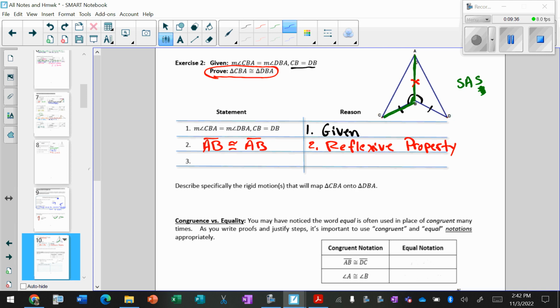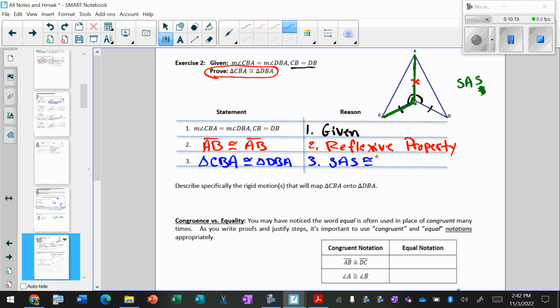Now that we have a reason why side AB to the triangle on the left is congruent to side AB to the triangle on the right, now we have fulfilled our side, angle, side obligation, and we can say that triangle CBA is congruent to triangle DBA. And the reason I know that those 2 triangles are congruent is because we have just proven side, angle, side congruency. Congratulations! You just finished your first official triangle congruence proof. Yay!